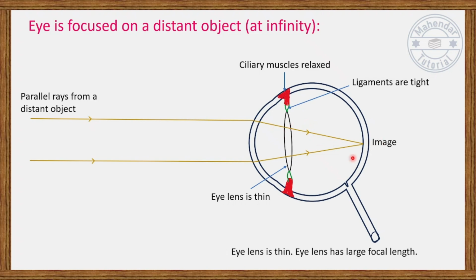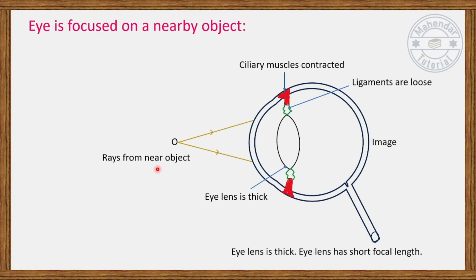Now here the image is formed, and in this way we are able to see far objects very clearly. Next, when we see close objects, see the rays coming from the near objects. In this case the ciliary muscles contract. It means the ligaments become loose. The ligaments are not pulling the eye lens.